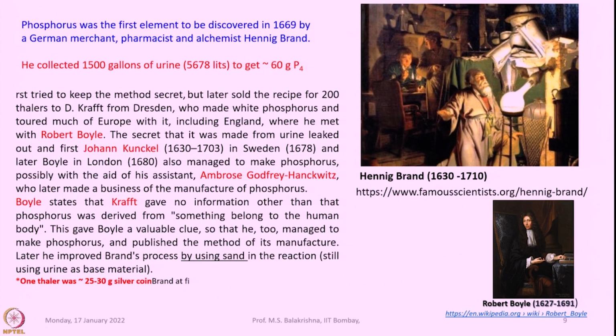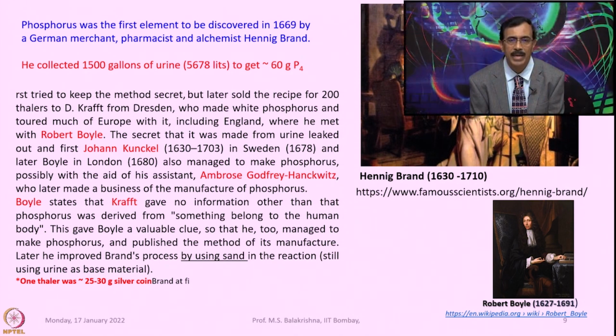Perhaps no other element was discovered in such a disgusting manner as phosphorus was, by the German merchant, pharmacist and alchemist Henning Brand. He did not have any intention of discovering new elements. His sole intention was to make an elixir and convert all base metals into gold and also live longer through the elixir.